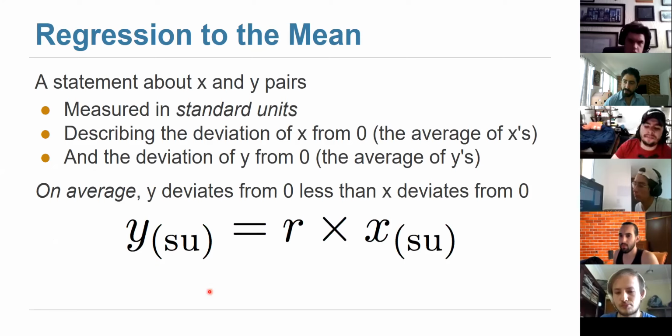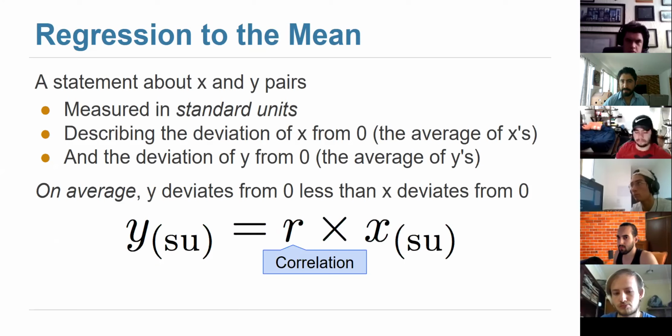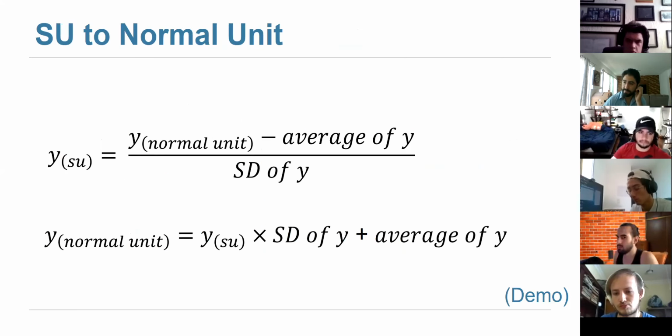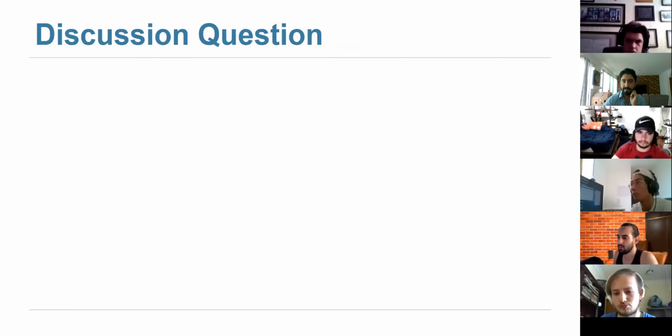So basically, based on the midterm grade, you want to calculate the final grade. This equation is in standard units, and this is the way to convert them. And this is the question.